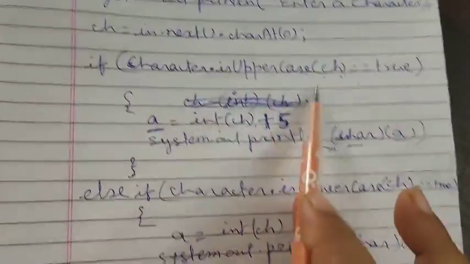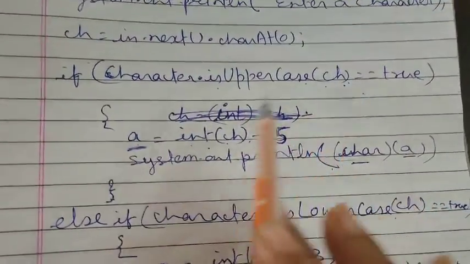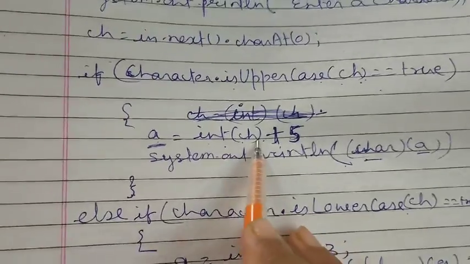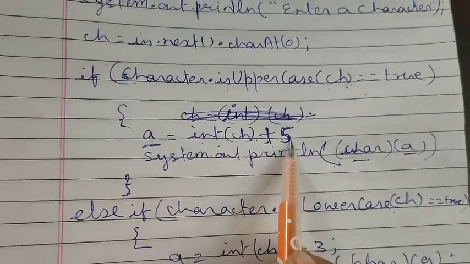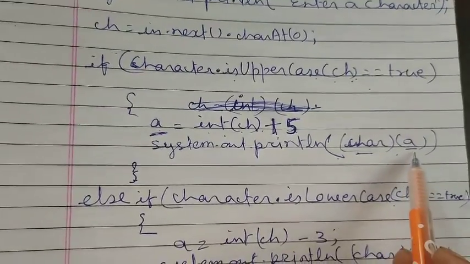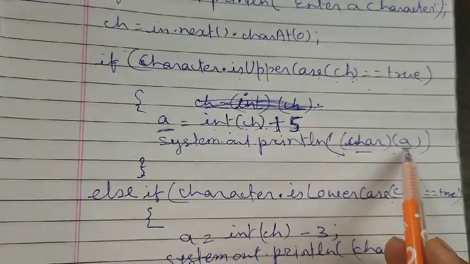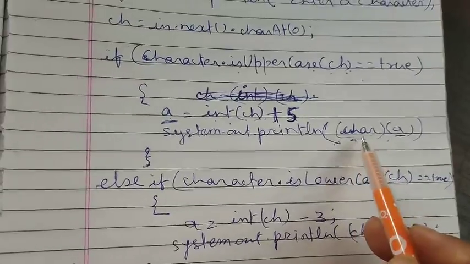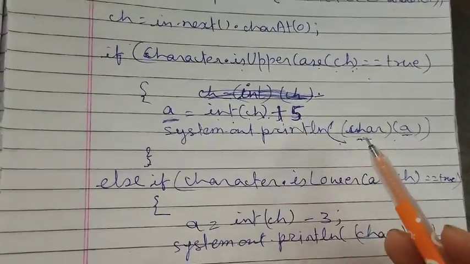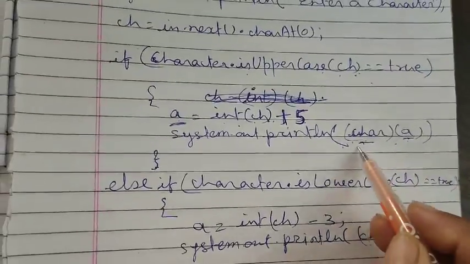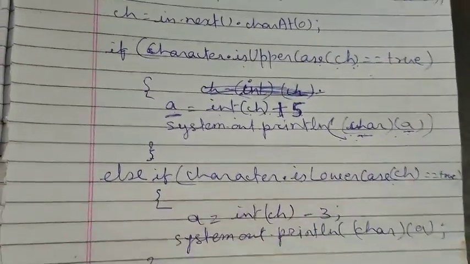First I will check for uppercase. If it is uppercase, I convert the character into its ASCII value, then add 5, and in the next line print the character for that value.